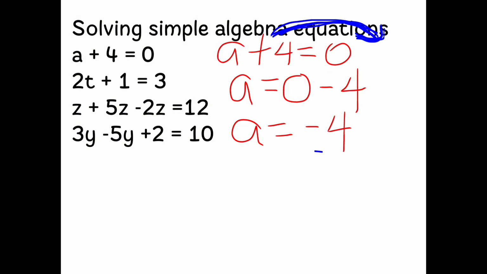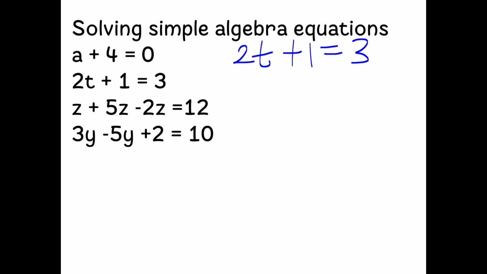2t plus 1 equals 3. You notice that we have 2t, variable and coefficient, right? We have a constant plus 1, another constant 3. So let's collect like terms. The ones with the t, we leave them on one side. The ones that are just ordinary numbers, you carry it to the other side.